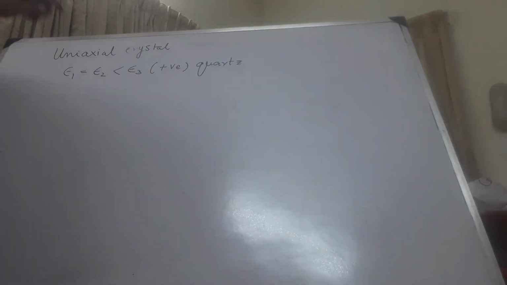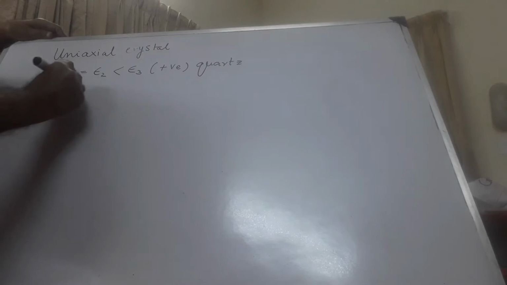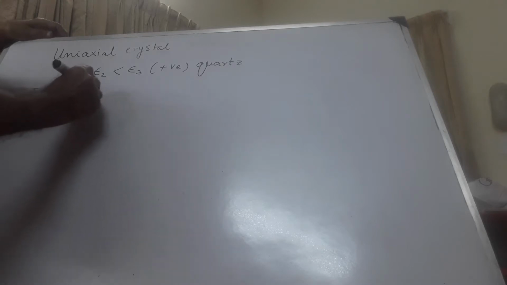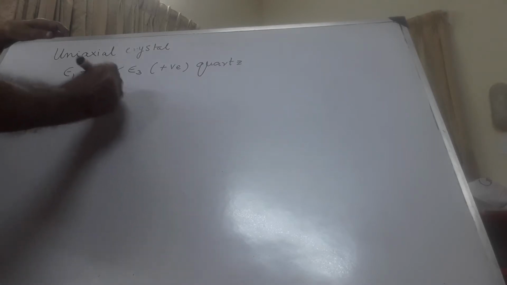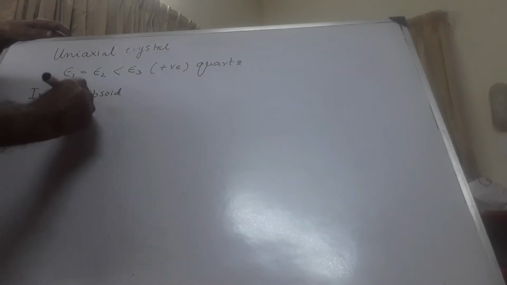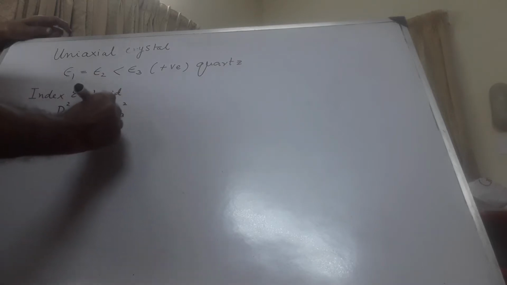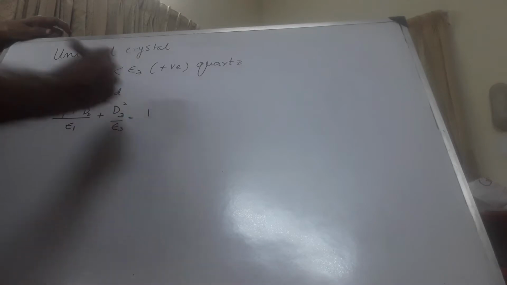Now, the index ellipsoid is D1 squared by epsilon 1 plus D2 squared by epsilon 1 plus D3 squared by epsilon 3 equal to 1.